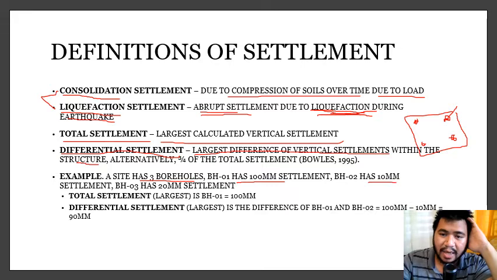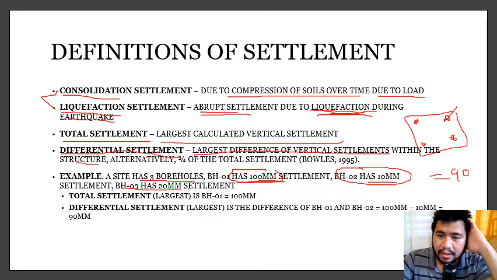Borehole two has 10 millimeters, and borehole three has 20 millimeters of calculated settlement. So you can easily see here that the biggest difference in settlement is between borehole one and borehole two. They have a difference of 90 millimeters, and that would be your differential settlement.